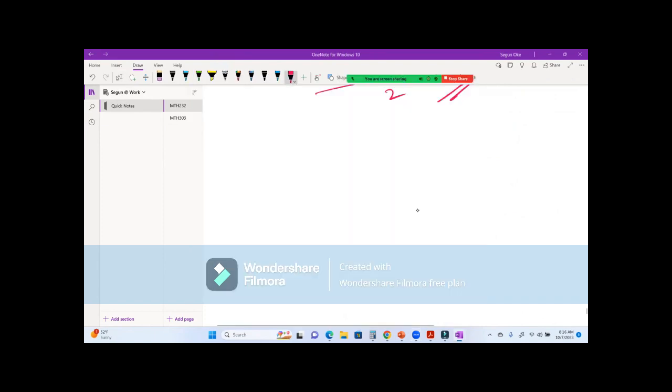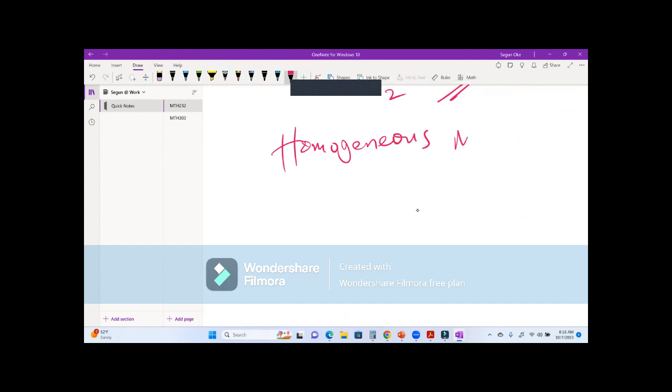So, like I told you, homogeneous equation, or homogeneous method, let's call it method for now, because it's a way of solving a particular problem.